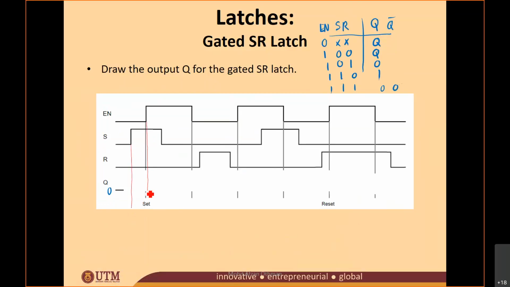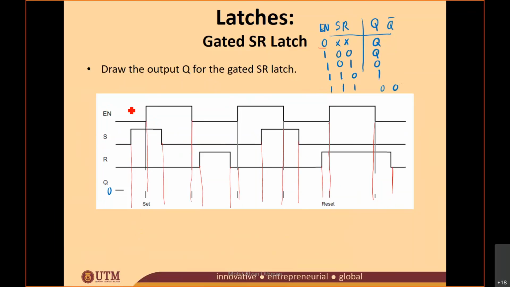Okay, so lukis dahulu straight line setiap kali kamu jumpa edge. Okay, so sekarang ni sebabnya kat sini kita ada enable input.